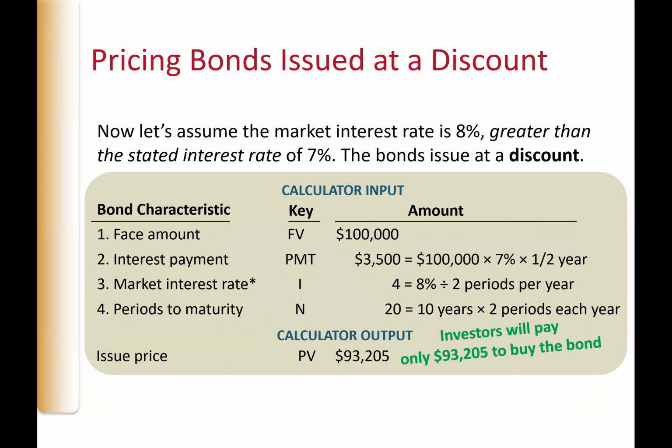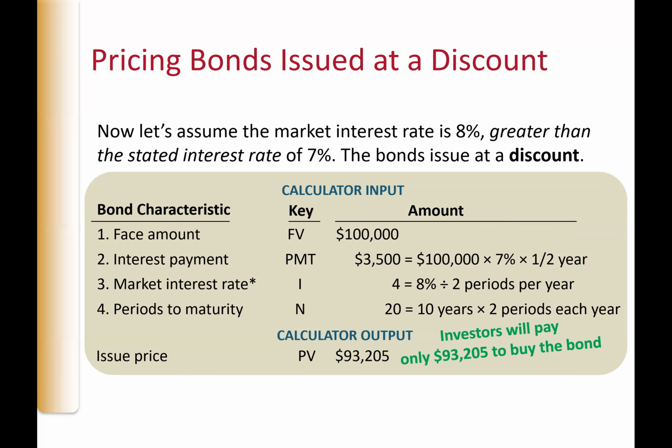And what it means when bonds are issued at a discount is that an investor in this bond is going to pay less than the face amount for the bond, because the stated rate, what the amount of interest payments are, is under what the market is willing to bear.